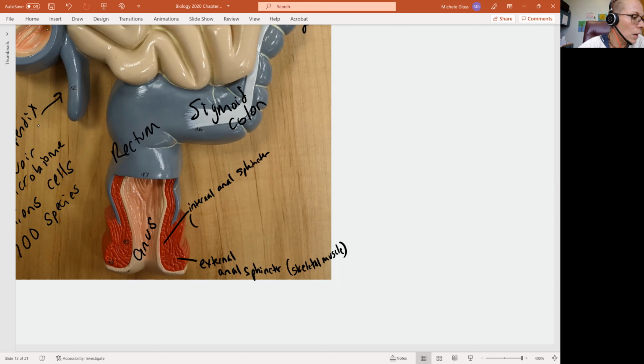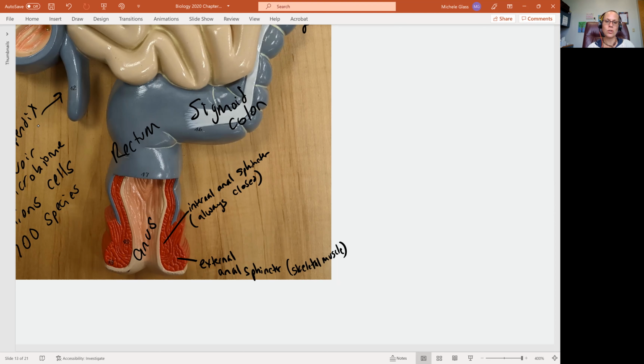And let's make a note here that the default is for this to be always closed. So this should always be closed, holding fecal material in the large intestine. So we'll see as part of the defecation response that we will open it. And then the external anal sphincter is the sphincter that you are consciously controlling as part of your defecation.